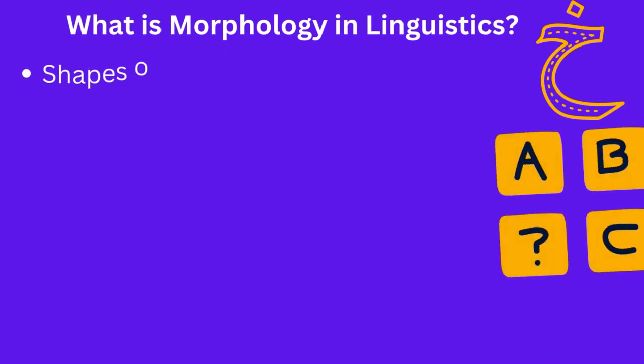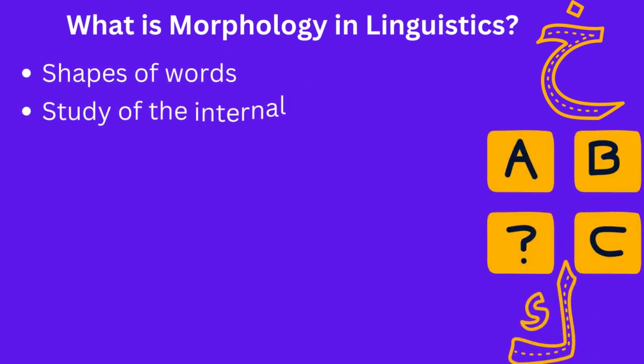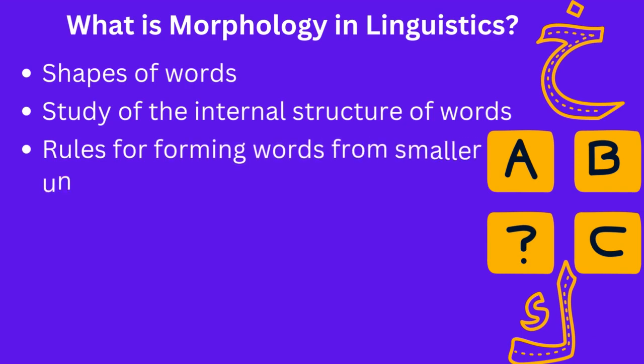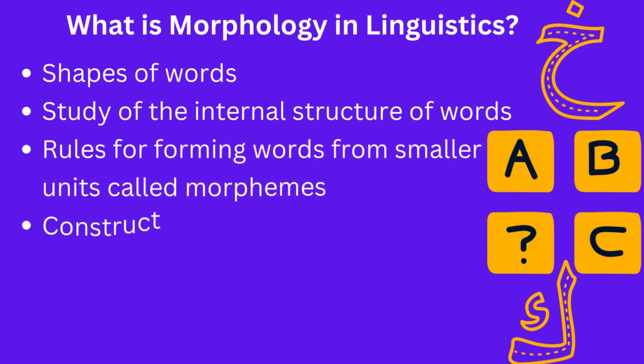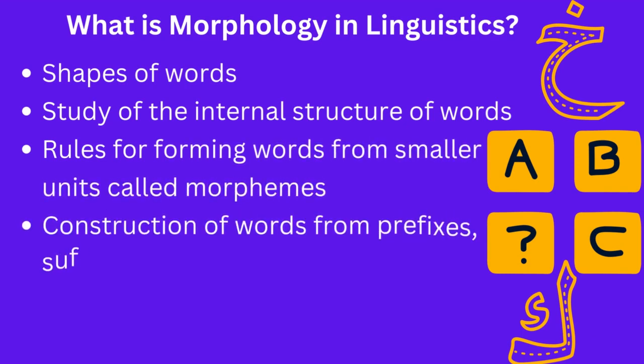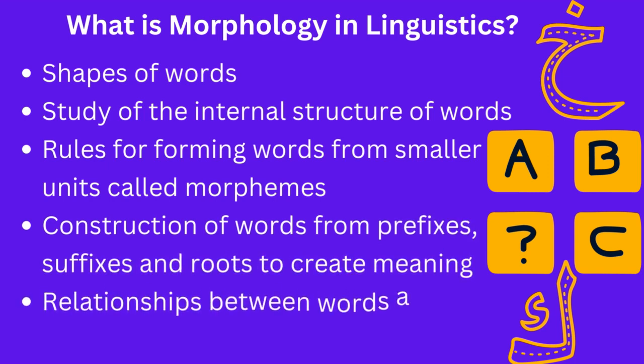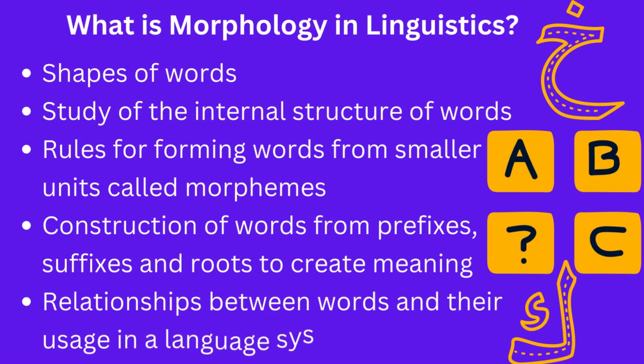Let's dive into the lecture and learn what is morphology. So friends, first we will try to learn what is morphology in linguistics. Morphology is all about the shape of words, or you can say it is the study of the internal structure of words and the rules for forming words from smaller units called morphemes. We will discuss morpheme in our next slide. It also talks about how these words are formed and altered to convey meaning. It is concerned with the rules for forming words from morphemes.